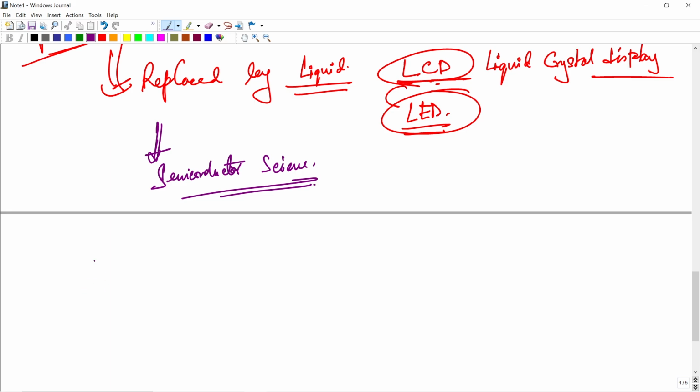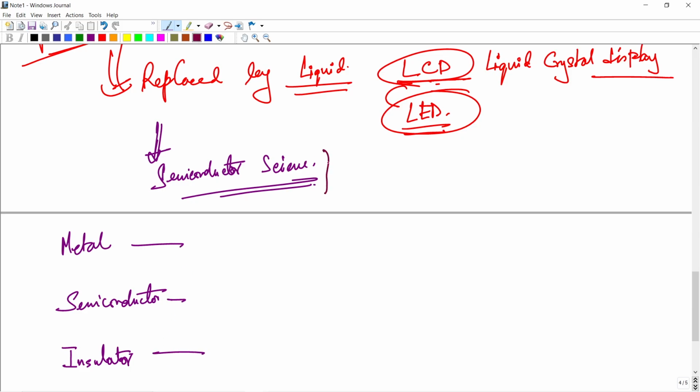So first we choose a metal, then a semiconductor, and finally an insulator.